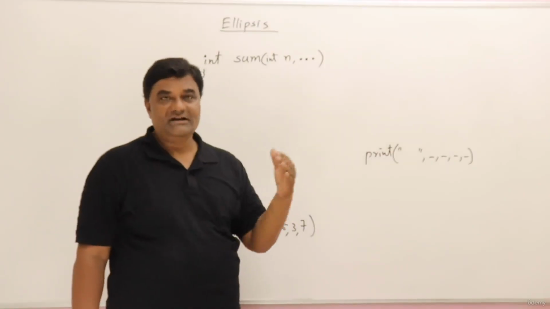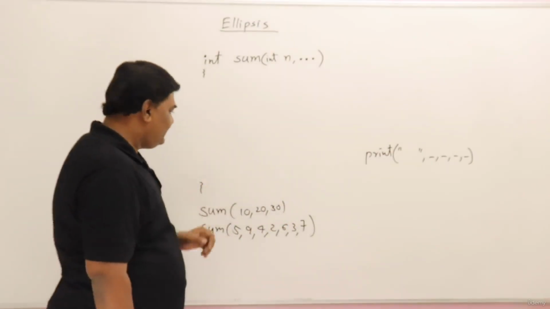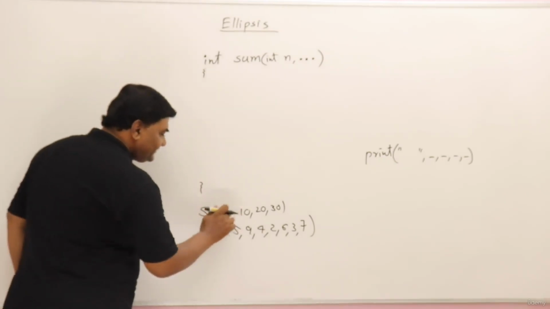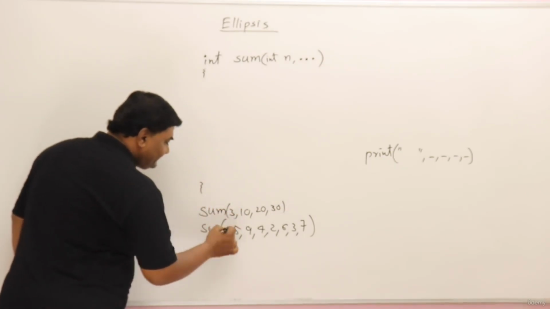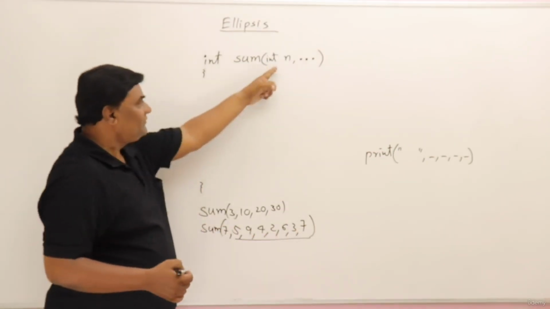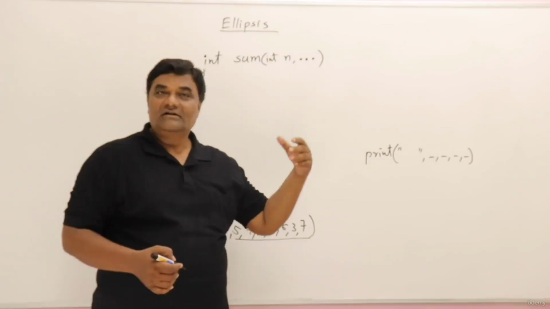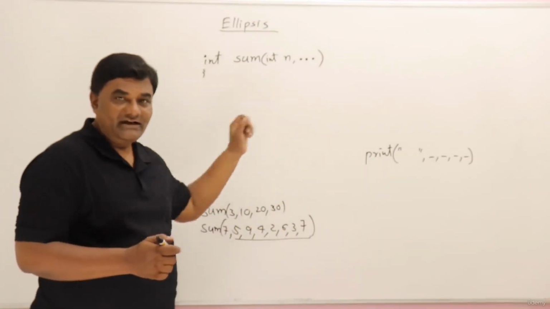So it should know how many parameters it's getting, but it can get any number of parameters. If I am sending this one, then I should say 3 and these 3 numbers. Then sum 7 and these 7 numbers. So this 3 or 7 will go into this named argument, and the rest, the dot dot dot, are the variable number of arguments.